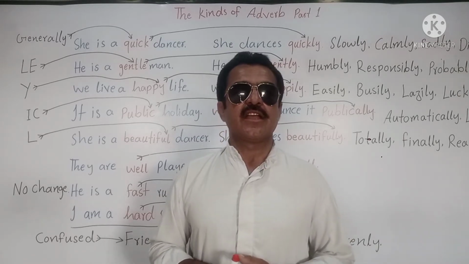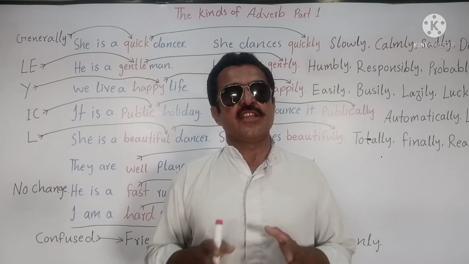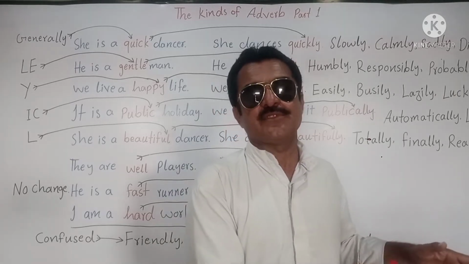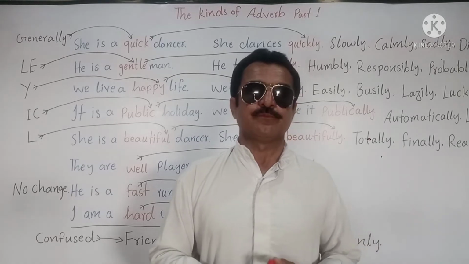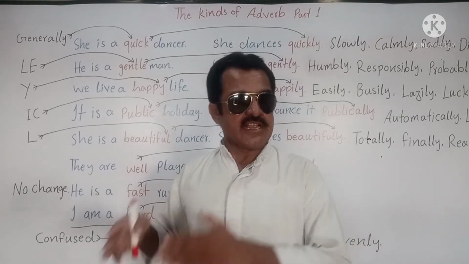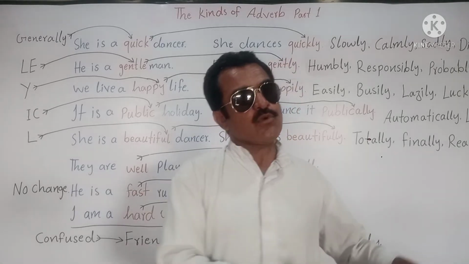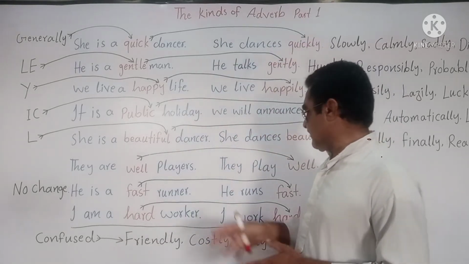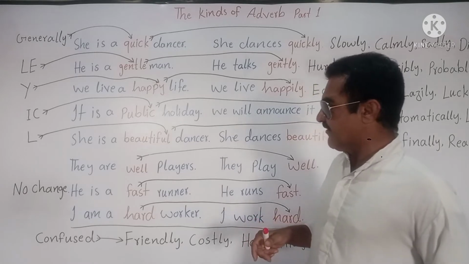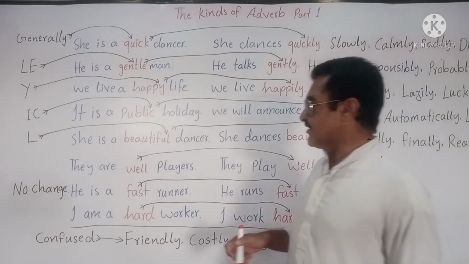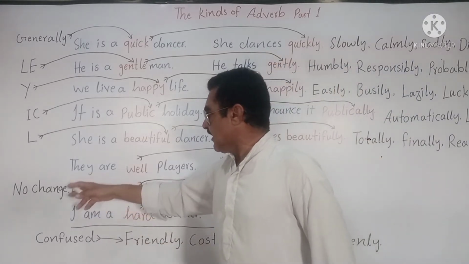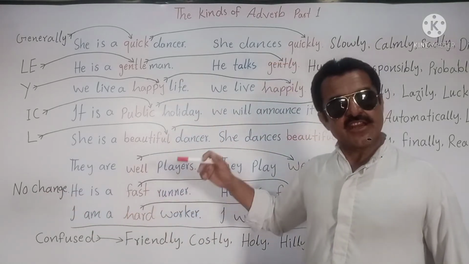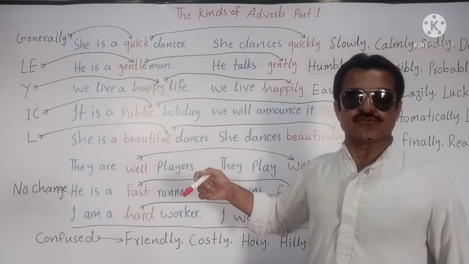Actually, they are adjectives, but at the same time they are adverbs too. Here there are a few example sentences I have written so that you understand them. You can see here, no change, means they are adjectives also, they are adverbs also.